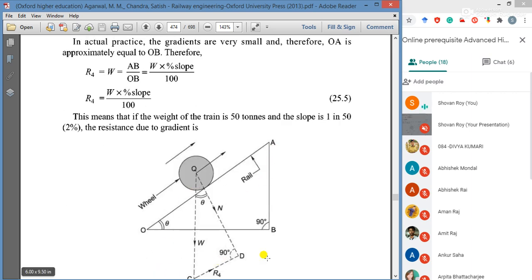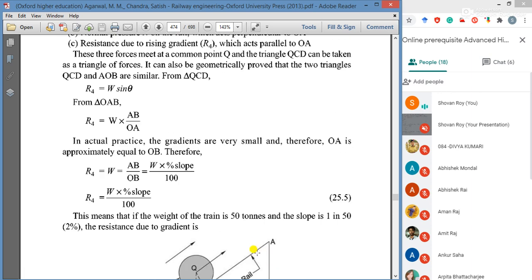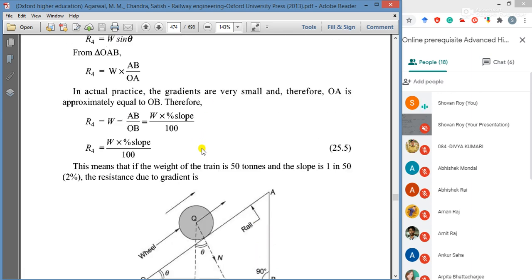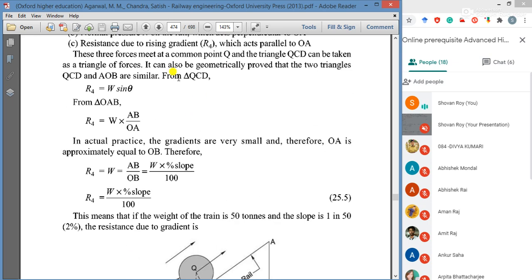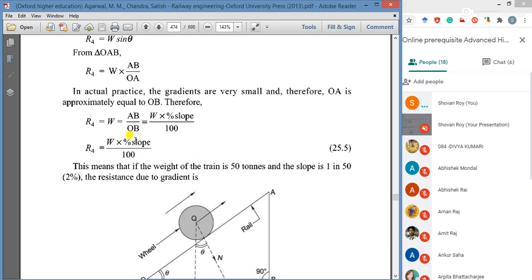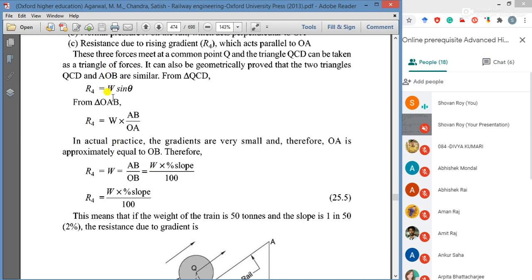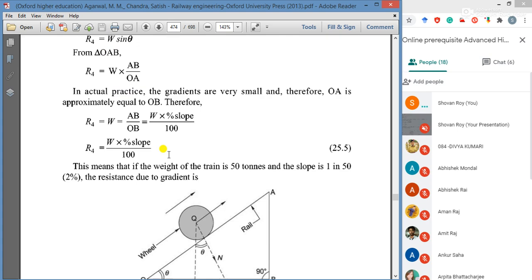From triangle QCD, R4 equals W sin theta, where W is the weight of the wheel, and when we are converting in this direction, R4 equals W sin theta.